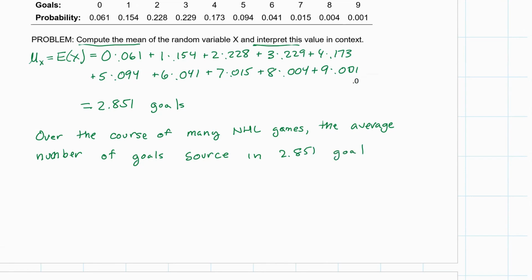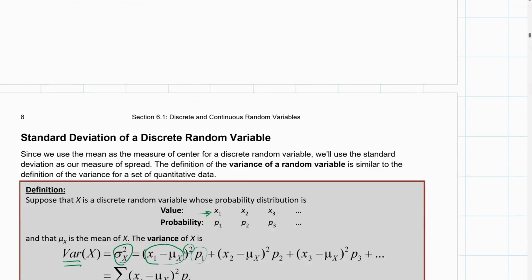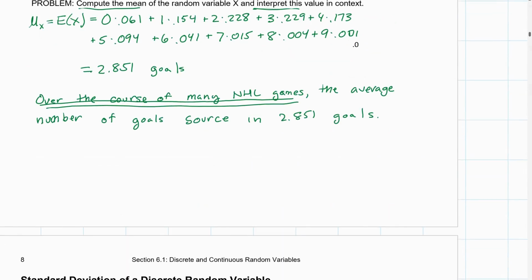Now you're like, of course, how do you interpret the average? You say that the average. Well, the key here is that we mean this number only over the course of many games. In the same way that we think that only over the course of many trials do we think the probability has a particular value.